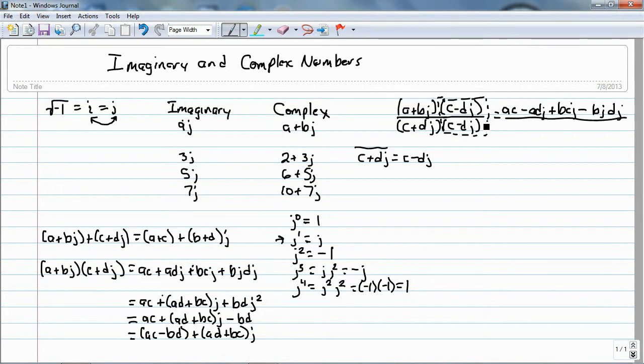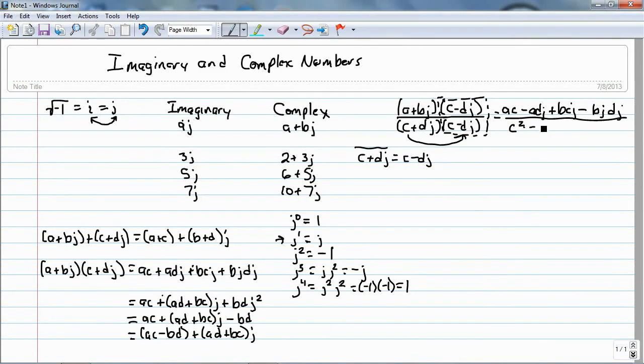over, and on the bottom I'm going to have C squared plus, actually it should be minus, because I'm going to do the C times the minus DJ.